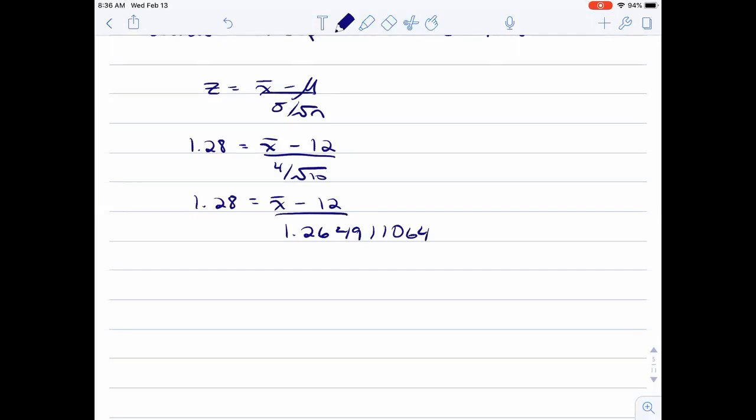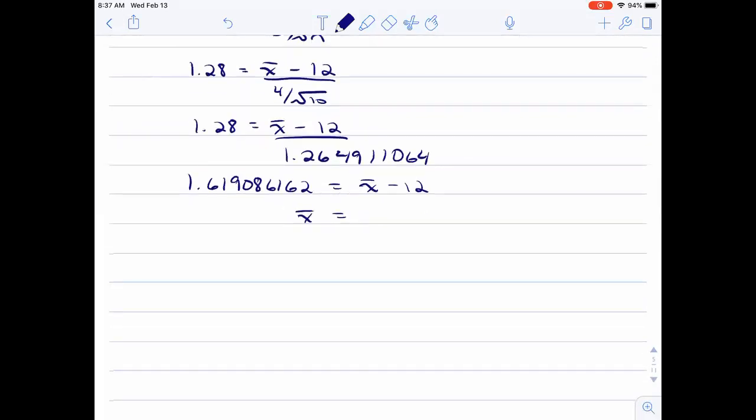So then multiply both sides by 1.2649 whatever times 1.28. 1.619086162 is x bar minus 12. So plus 12, we get x bar is 13.619086616.